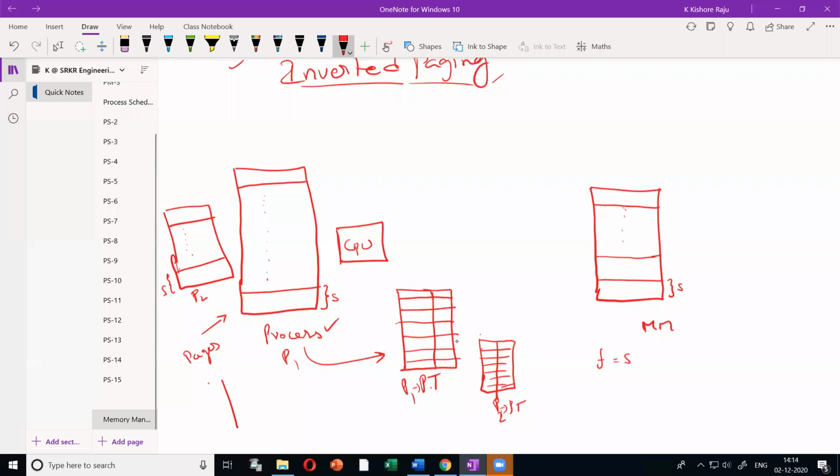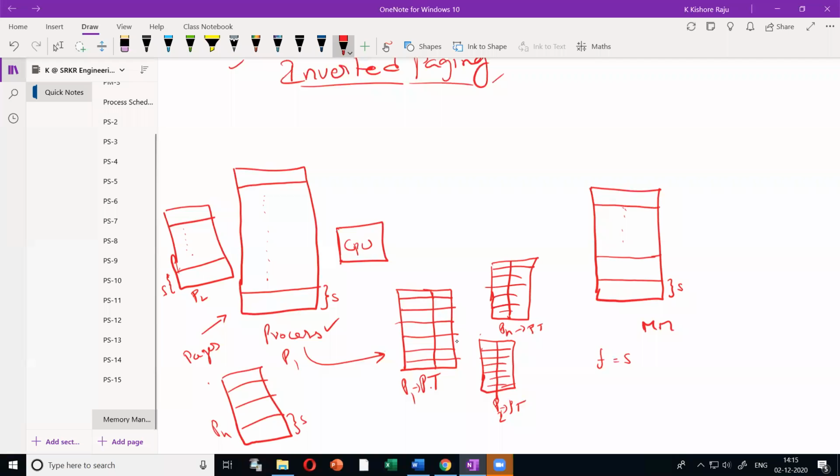And if there is another process PN, this is the PN page table. Is it correct or not?